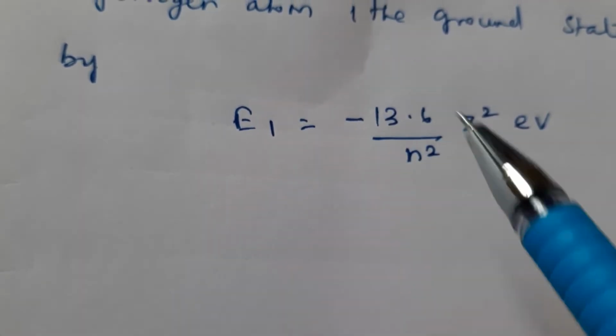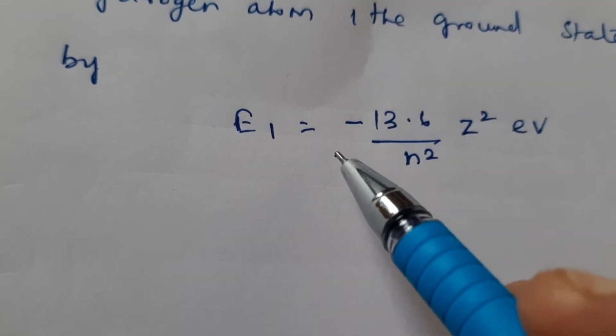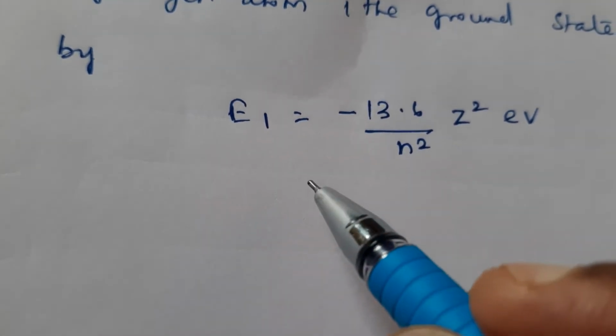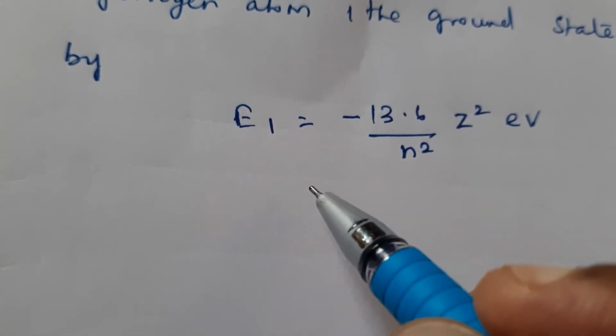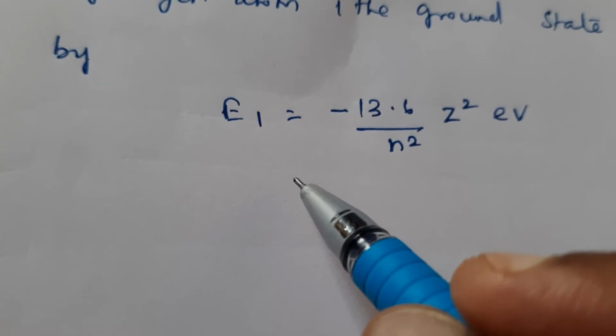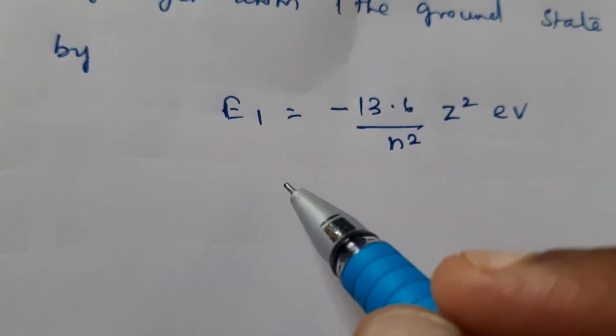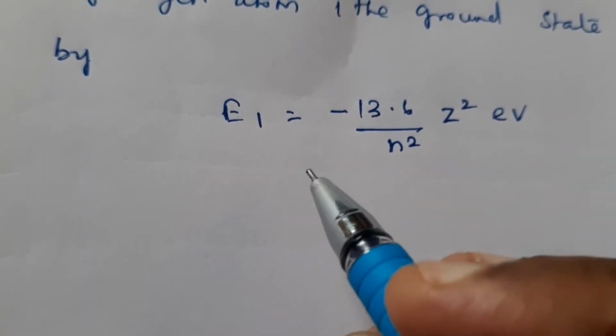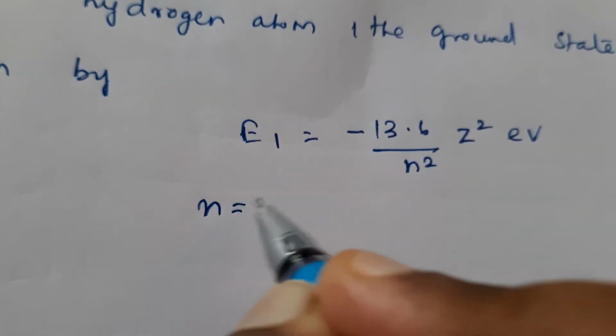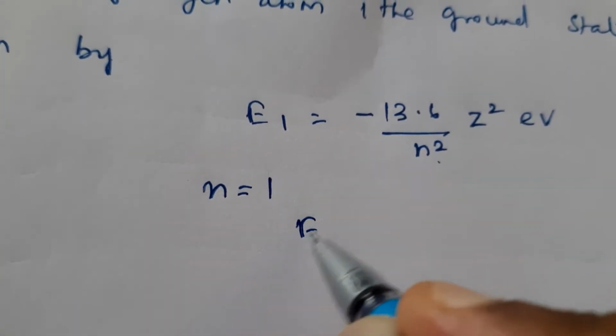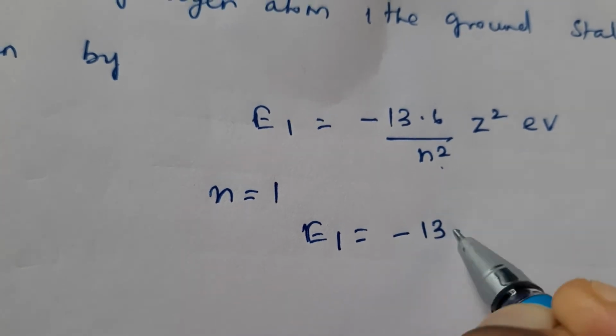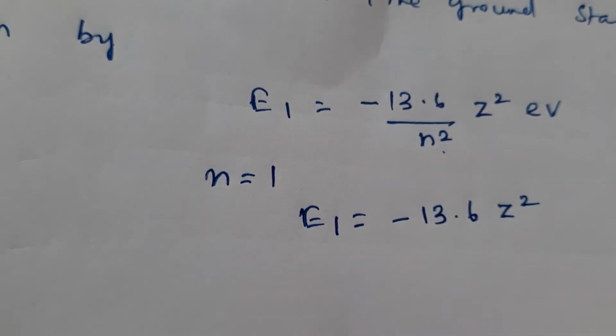Comparing with the energy level diagram and substituting n = 1, I will get E1 = -13.6 Z².